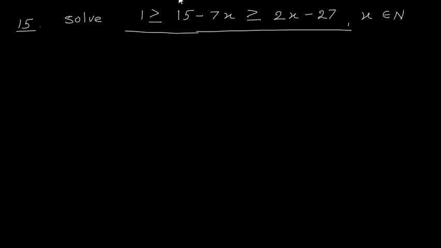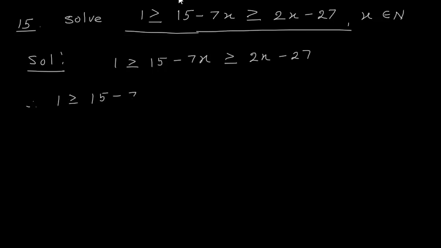So here I have 1 greater than or equal to 15 minus 7x, which in turn is greater than or equal to 2x minus 27. So I will divide it into parts. I will say that therefore 1 is greater than or equal to 15 minus 7x, and 15 minus 7x is greater than or equal to 2x minus 27.